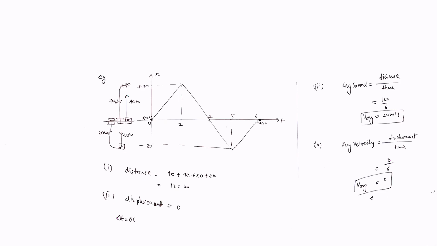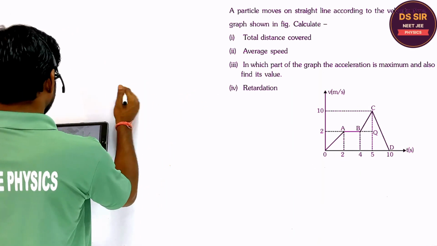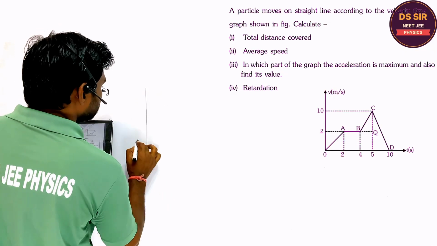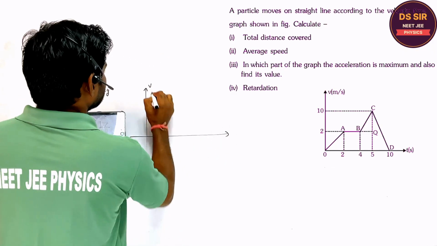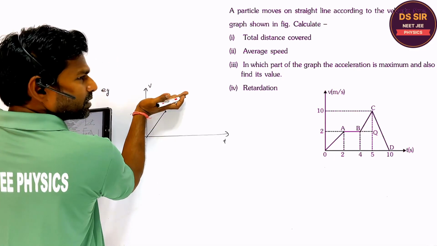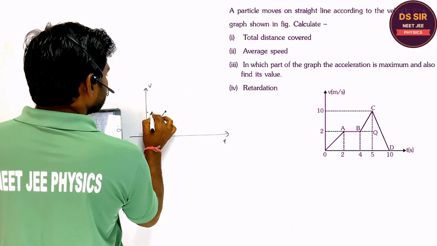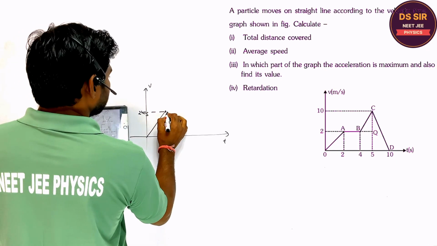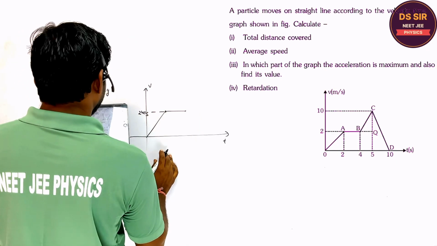Copy this. So read this question. In this question, a particle moves in a straight line, and the velocity time graph is like this. This is the V and the T. Initially it accelerates, velocity increases to 2 meter per second, right? And then it moves with constant velocity.